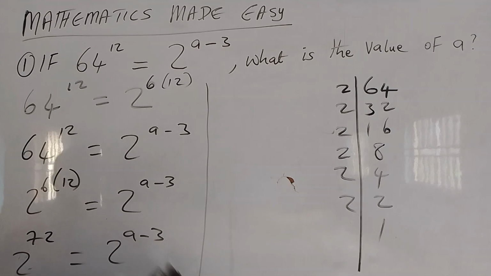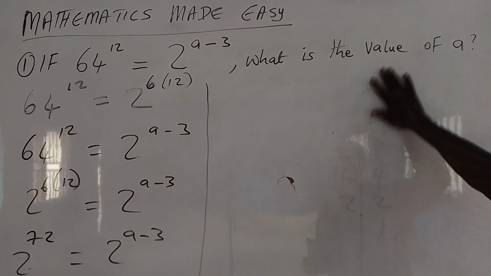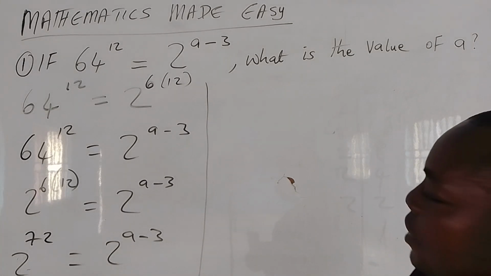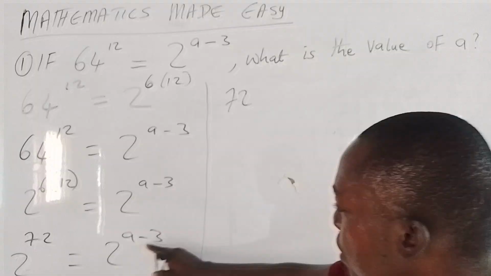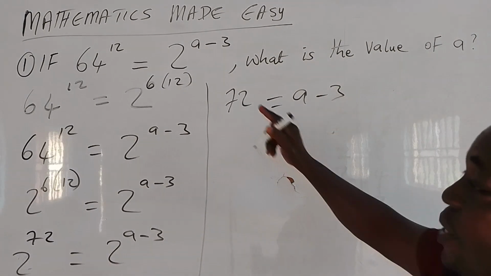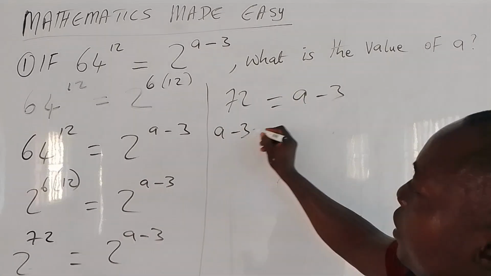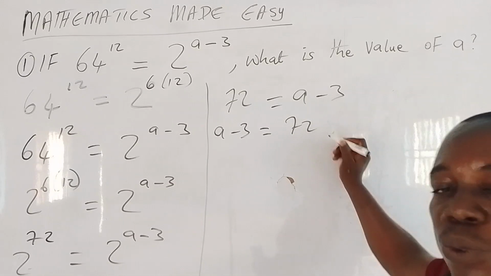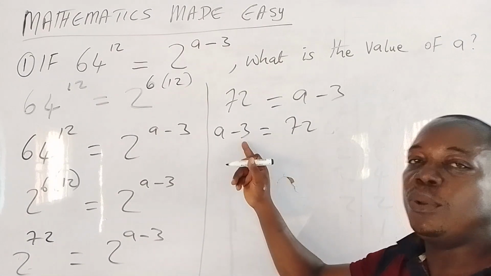Therefore, you can say that 72 is equal to a minus 3. If 72 is equal to a minus 3, which means a minus 3 is equal to 72. Therefore, you make a the subject of the formula.